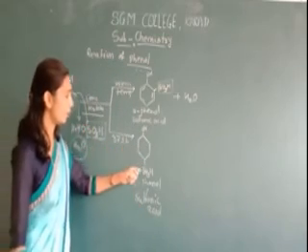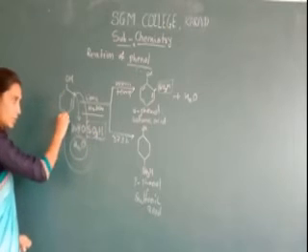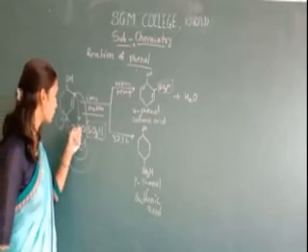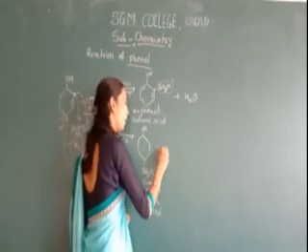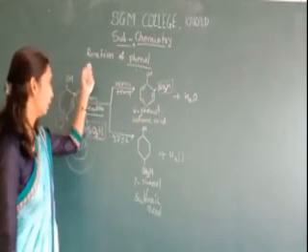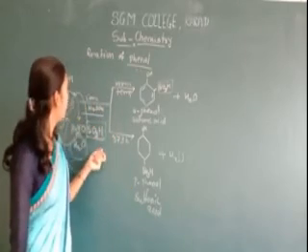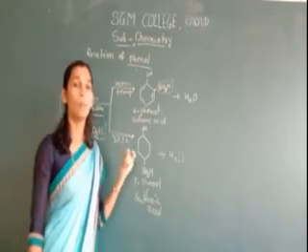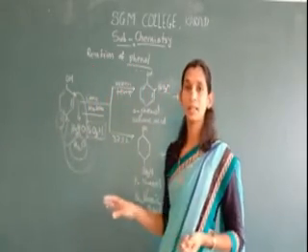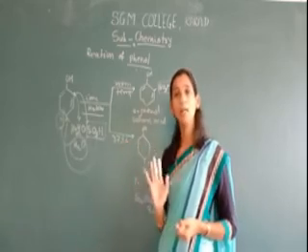Similarly at the para position, SO3H attaches here, one hydrogen is replaced, it combines with the HO, and one H2O is also produced in this reaction. This is our sulfonation reaction of phenol at room temperature and at increased temperature. Very simple reaction. If we repeat that again and again, then you will understand very easily.